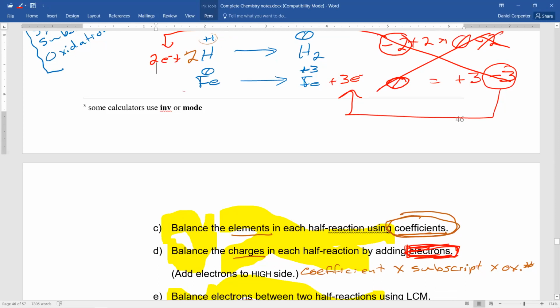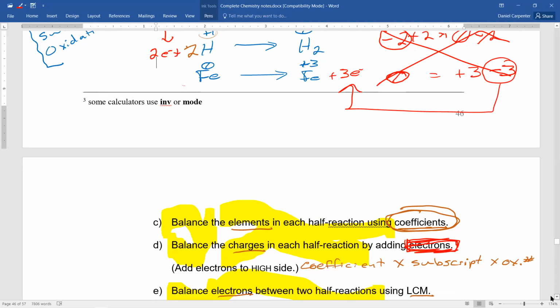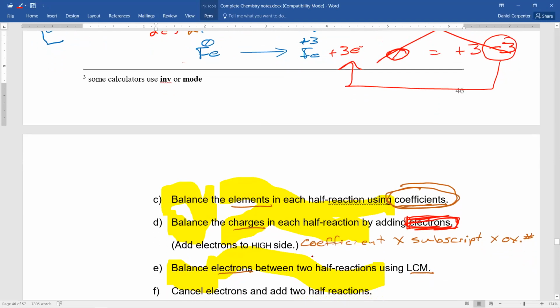And the next step is one of the ones that people get the most confused about. Oh, look, my highlighting randomly is turning into gibberish again, like it usually does. Okay, step E is balance the electrons between the two half reactions using the least common multiple.